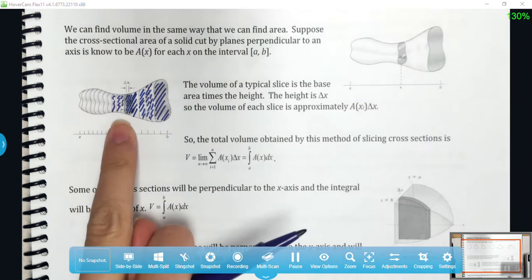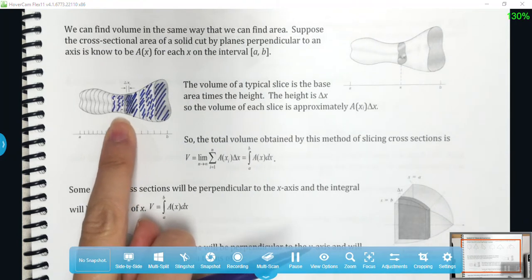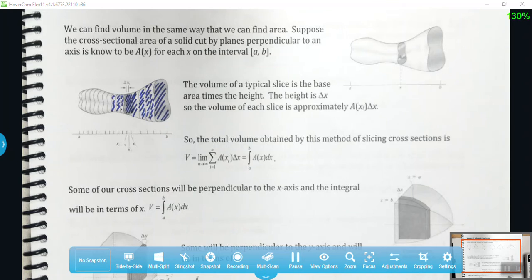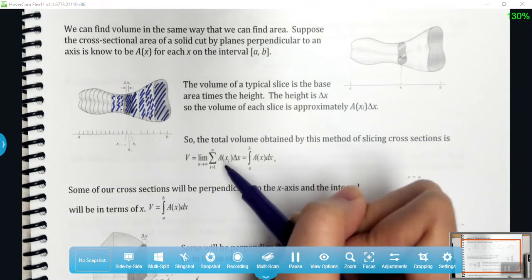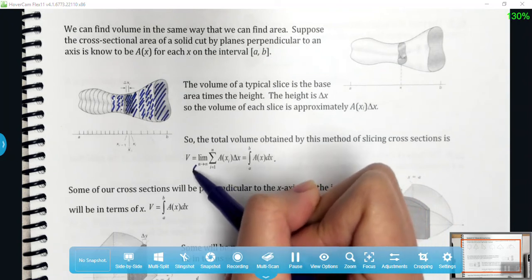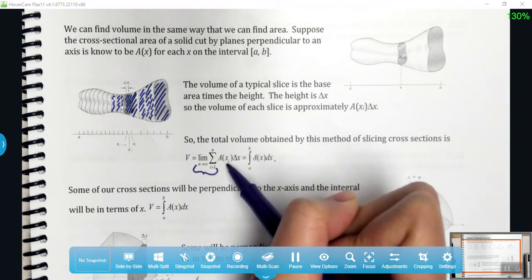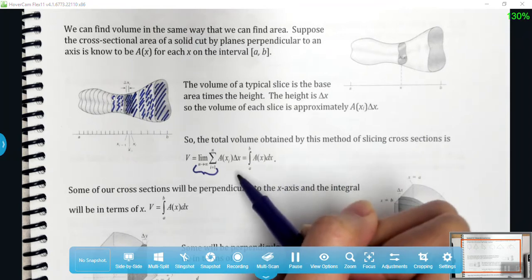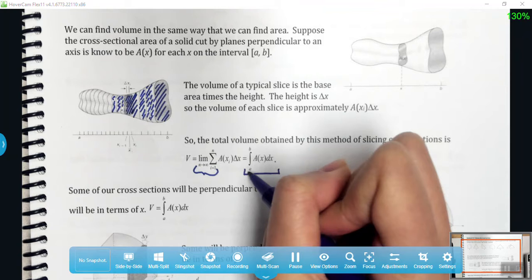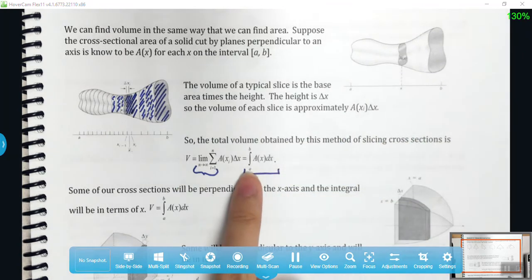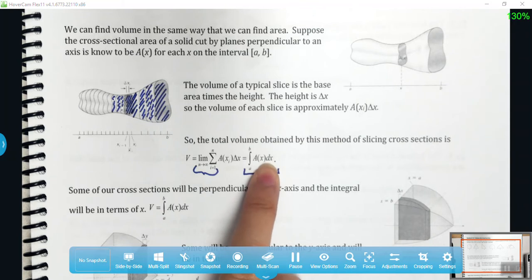We can do the same thing that we did for Riemann sums, which was add up all of the areas of the rectangles to get the total area. And we can do the same thing for volume. So if you just remember that volume is the integral of the area of a cross section, then that's good. That's all you need to know for this section.